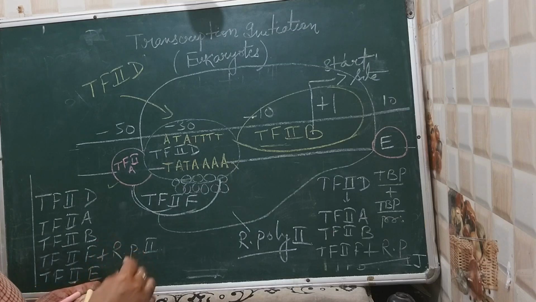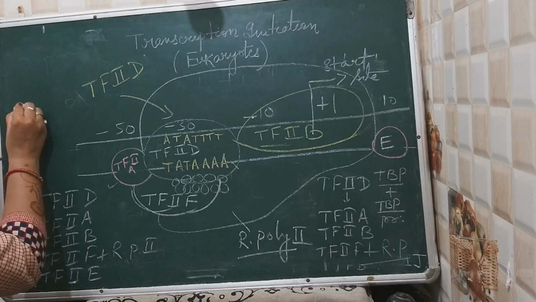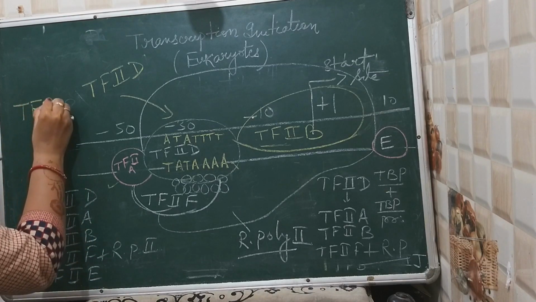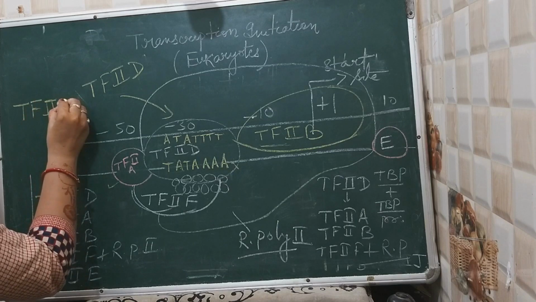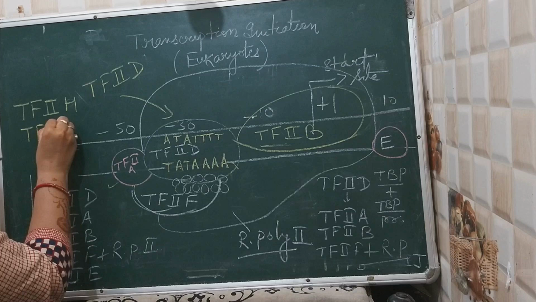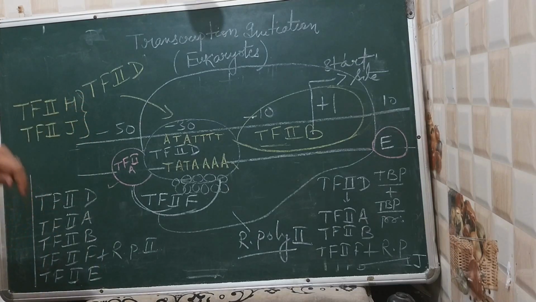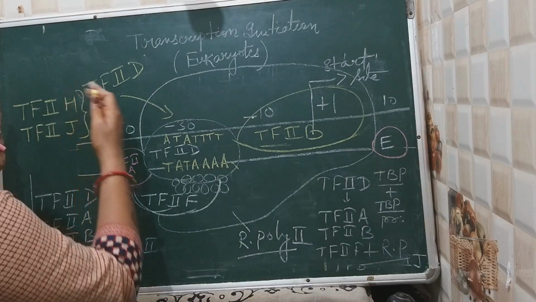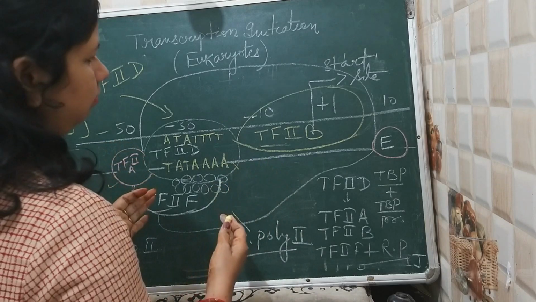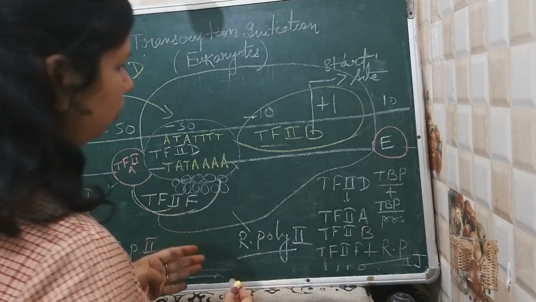After this binding, two more transcription factors, transcription factor 2H and transcription factor 2J, come and bind, but their exact location is not clear. Their exact location where they come and bind is unknown.